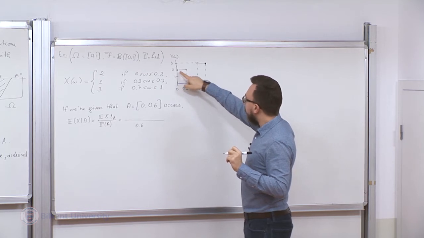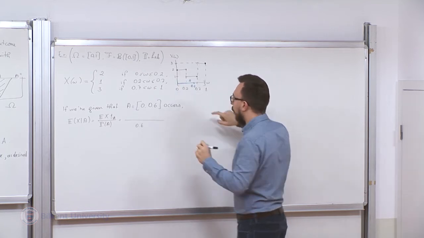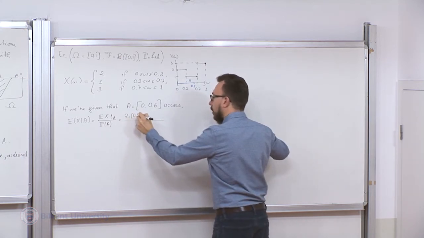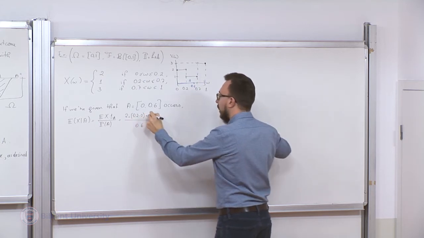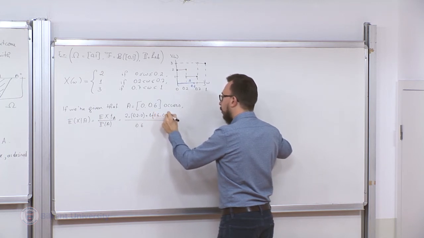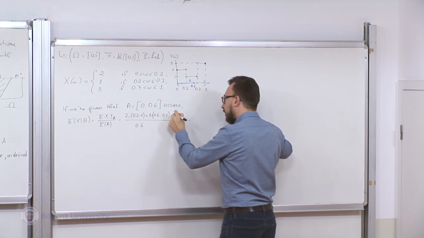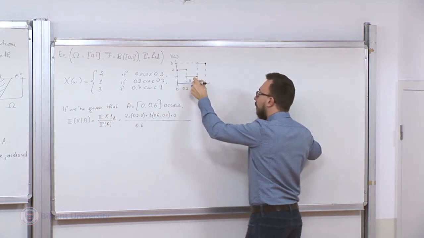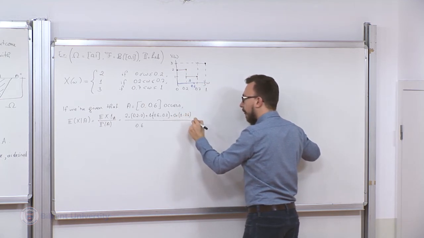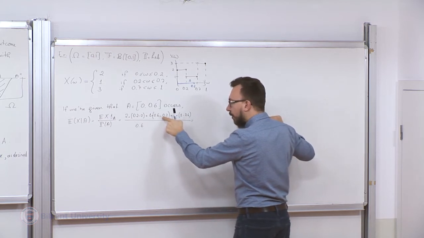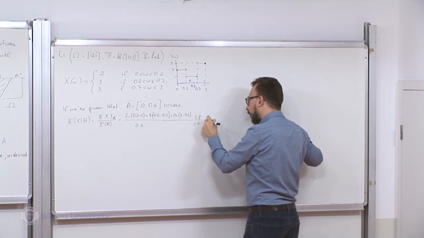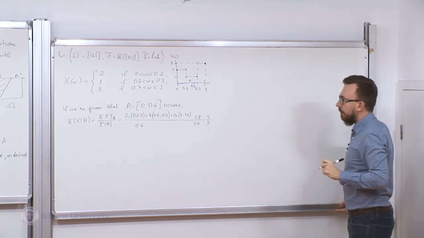Well, x times indicator A is 2 on the set 0 to 0.2. It is 1 on the set 0.2 to 0.6. And it is 0 afterwards, right? From here on, it is 0. So this is 0.4, and this is 0.4. 0.8 over 0.6 gives us 4 over 3 is our estimate.